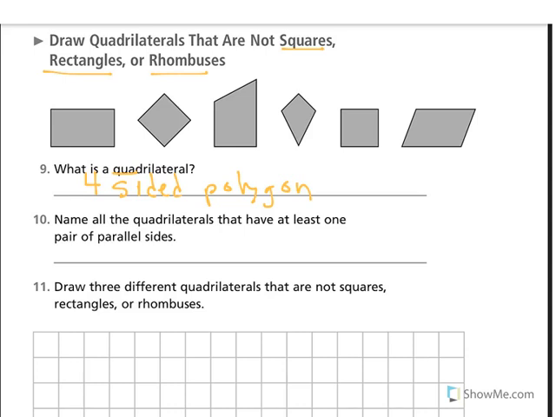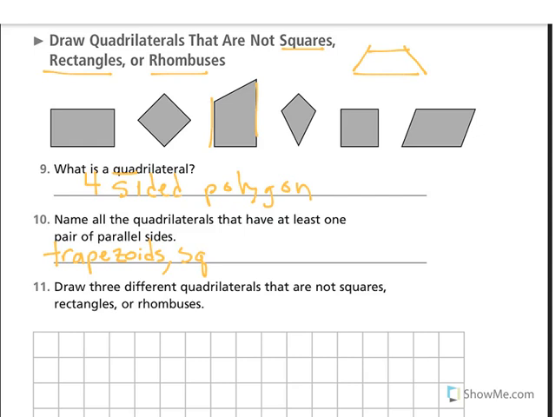Name all of the quadrilaterals that have at least one pair of parallel sides. We didn't talk about this one. Do you remember what it's called when it only has one, like this one? Sometimes you might recognize it more if you look at it like that. Yes, these are called trapezoids. So trapezoids, they have one.